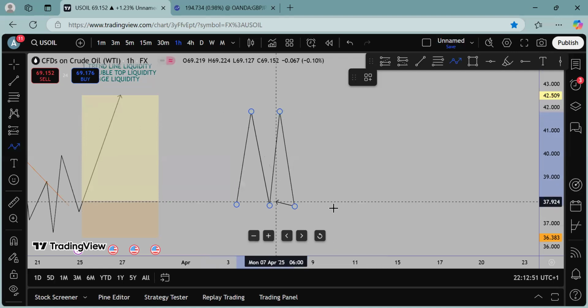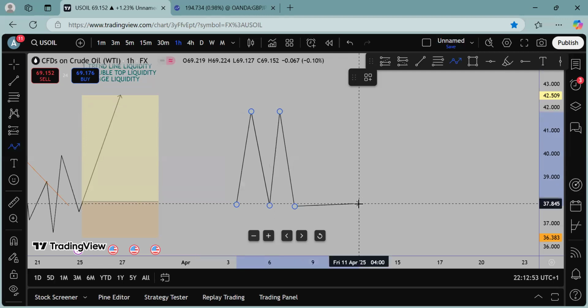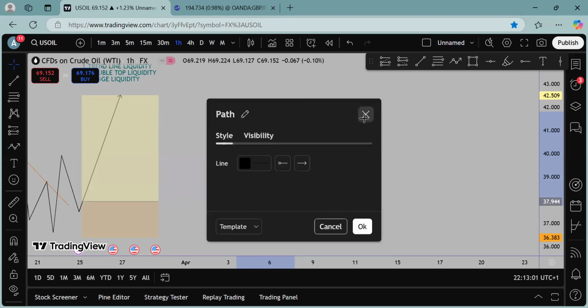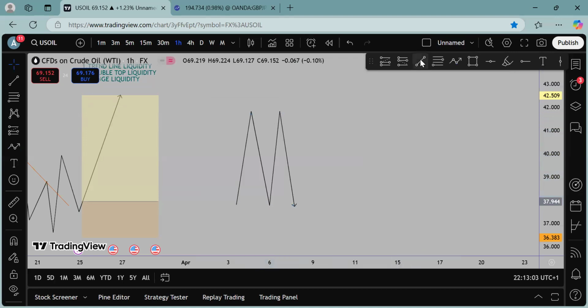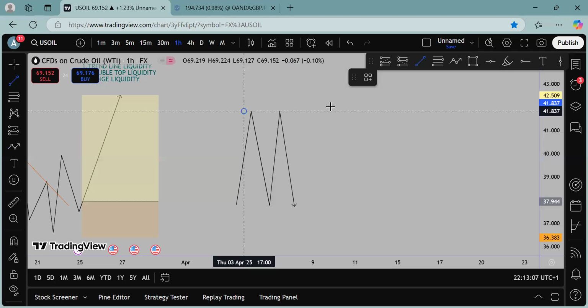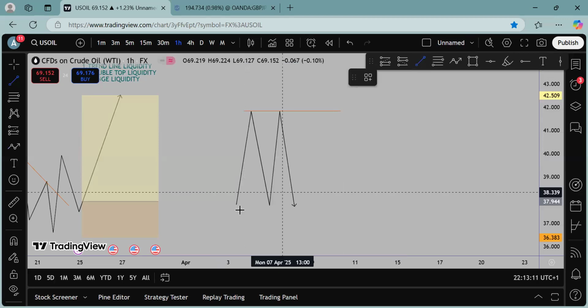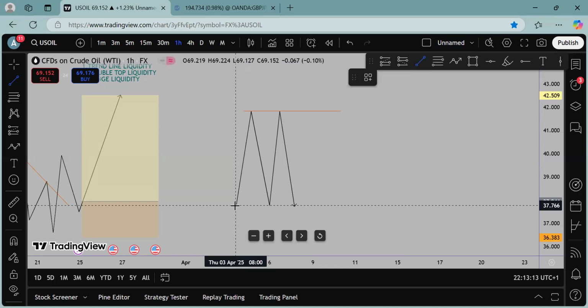Here too is serving as a support. You know that, right? Yes, sir. So this place that is serving as a resistance and a support, most people are waiting to buy or to sell at that particular place and take profit like this.